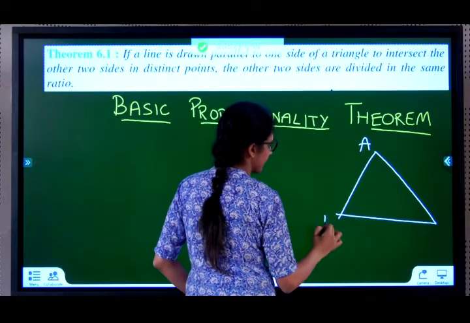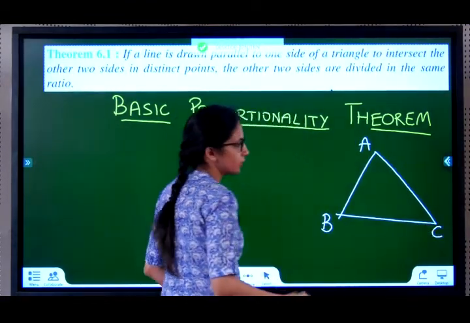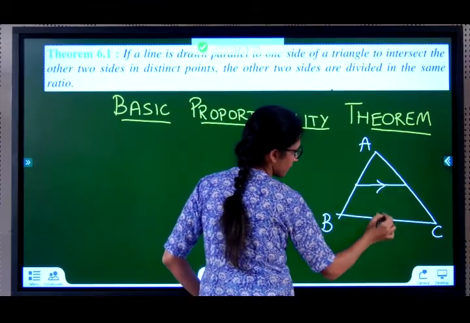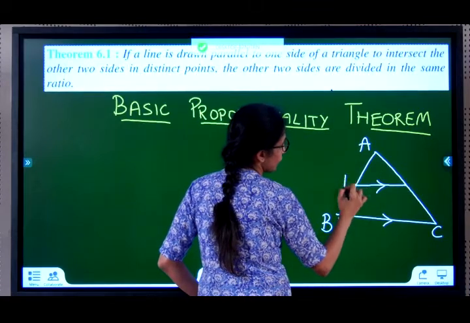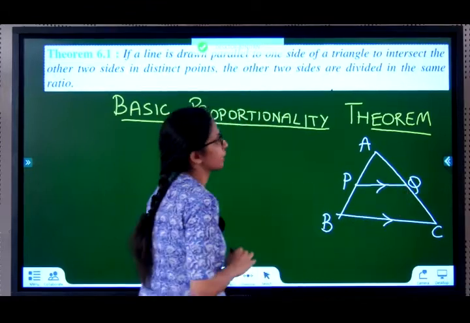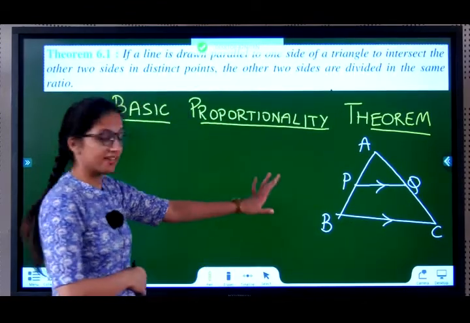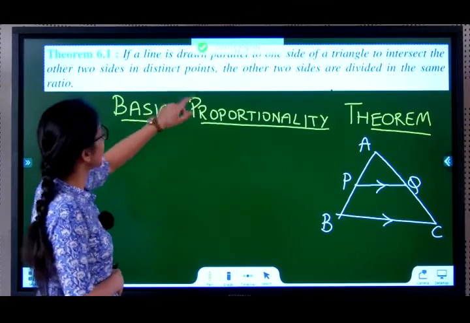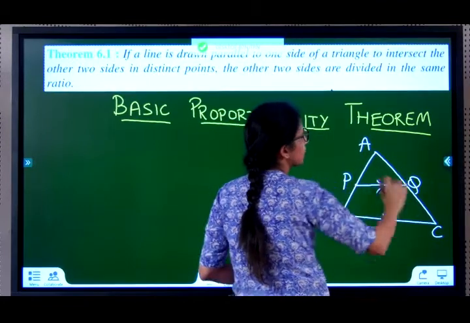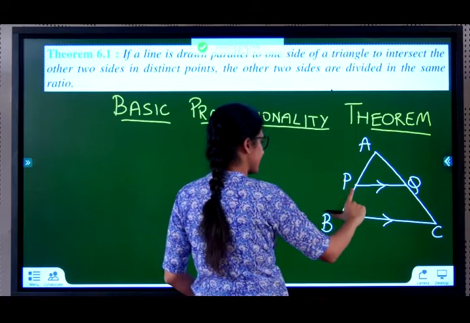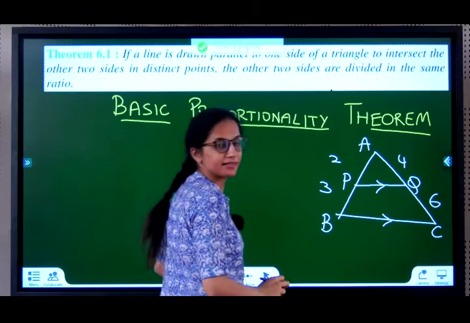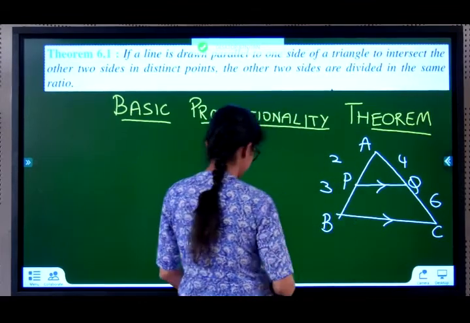If this is my triangle ABC, if you draw a line parallel to any one side, which I have chosen parallel to BC, it intersects the other two sides at two points, P and Q. Then the other two sides are divided in the same ratio. AP by PB is equal to AQ by QC. If this is 2 centimeters and this is 3 centimeters, 2 by 3, and then if this is 4, this will be 6. Their ratios are same.